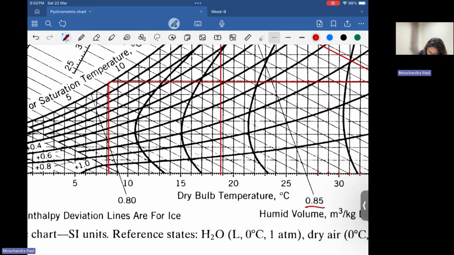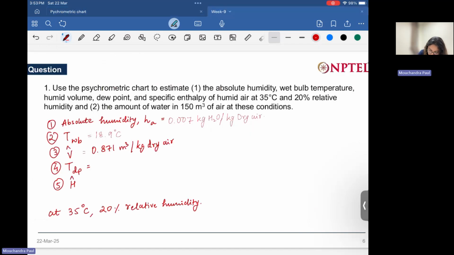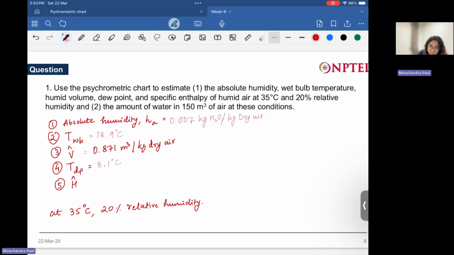You should get close to 8 degrees Celsius, or 8.1 degrees Celsius. Then what is the specific enthalpy?